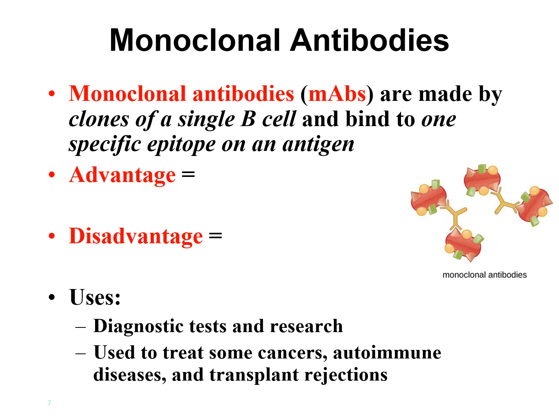So the advantage of using the monoclonal antibodies is that there's no cross-reactivity, so you're not going to get these false positive test results. The disadvantage, though, is they're much more expensive to make than the polyclonal antibodies. So monoclonal antibodies are used in a lot of different places in diagnostic tests, research, and they're also being used to treat some cancers, autoimmune diseases, and transplant rejections.